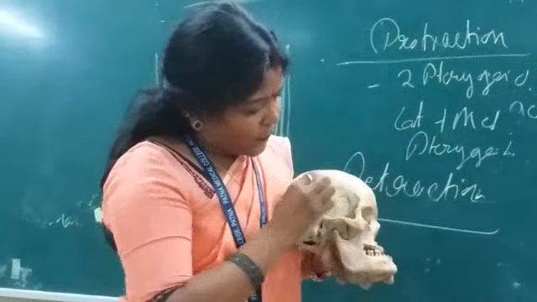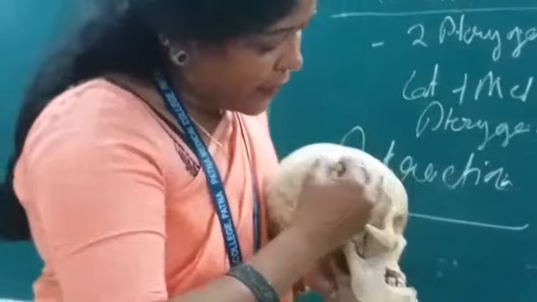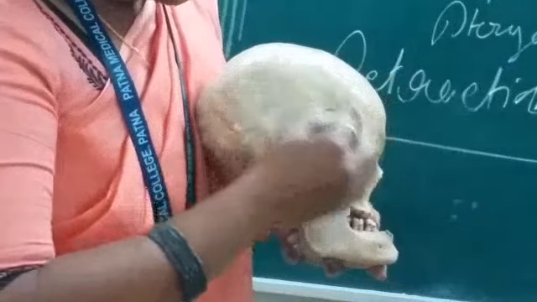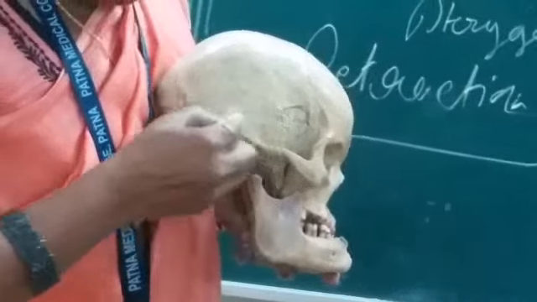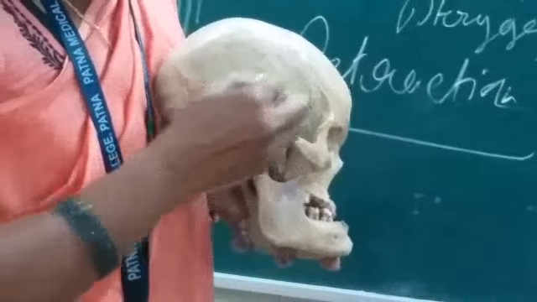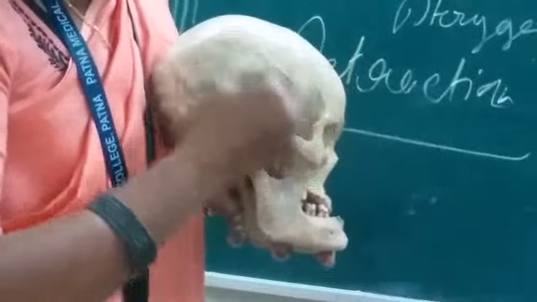Look here. We have discussed the temporalis. Temporalis has vertical fibers and oblique fibers. The posterior, the oblique fibers, what will they do? It originates like that, fan shaped.